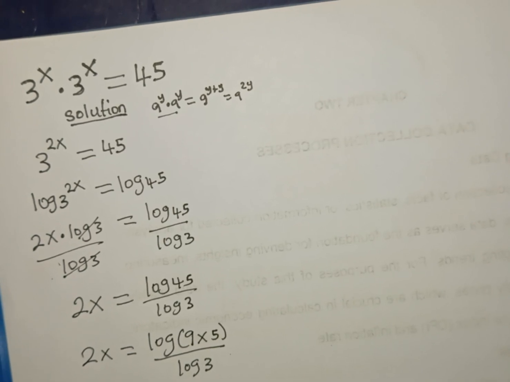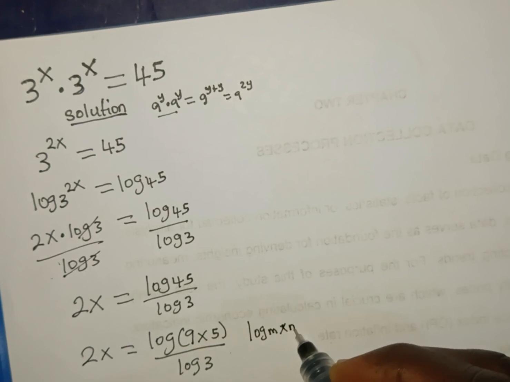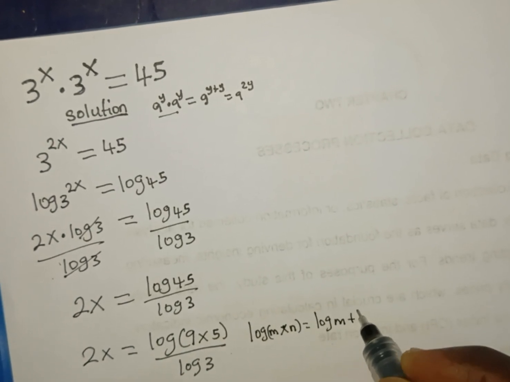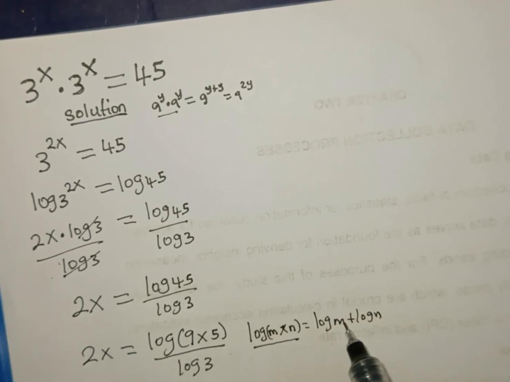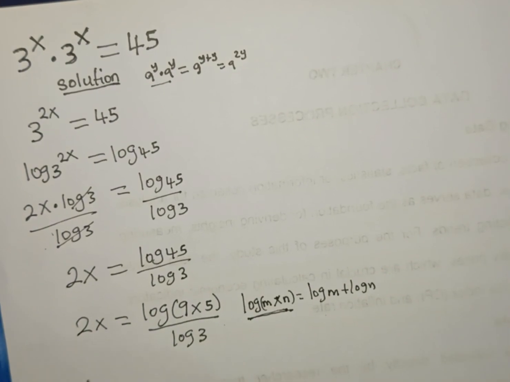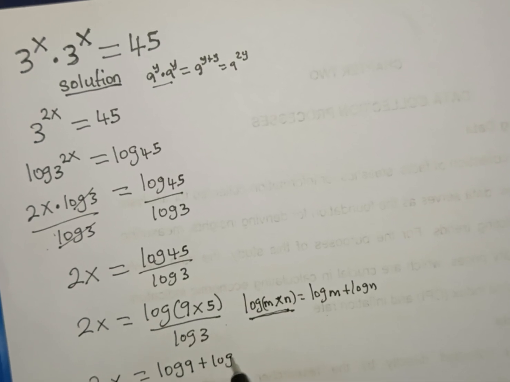So the next thing we're going to do is to recall one of the properties of logarithm. We say that when we have log of m multiplied by n, this can be simplified as log of m plus log of n. As you can see, the left hand side in this property is in the form of this numerator. So I want to transform into this form where m represents 9 and n represents 5. So when we do that, it's going to give us 2x to be equal to log of 9 plus log of 5.